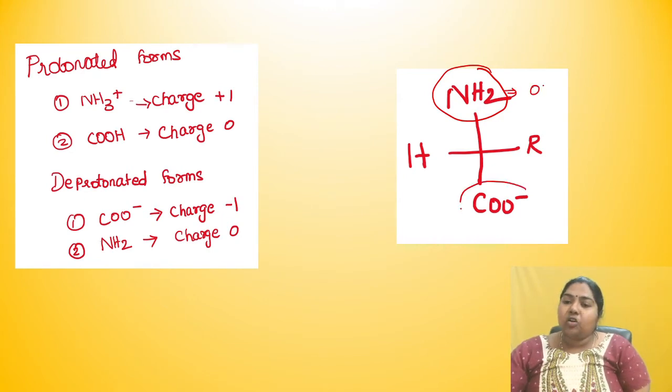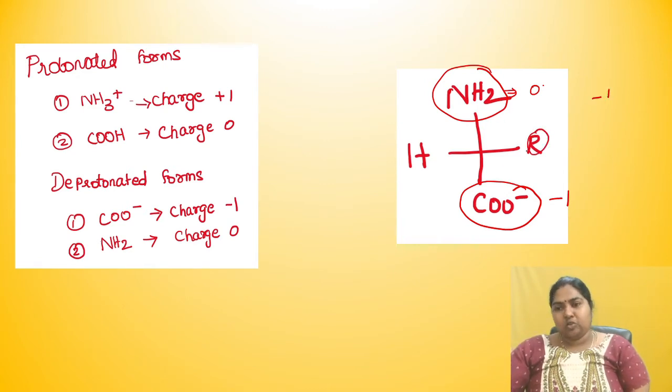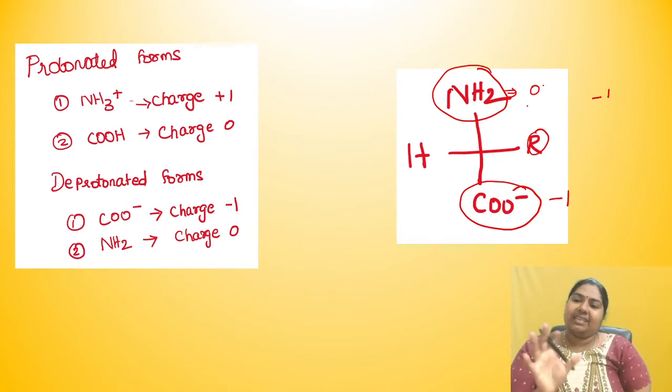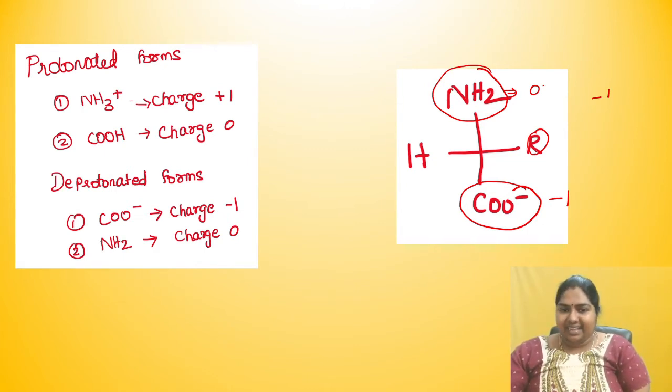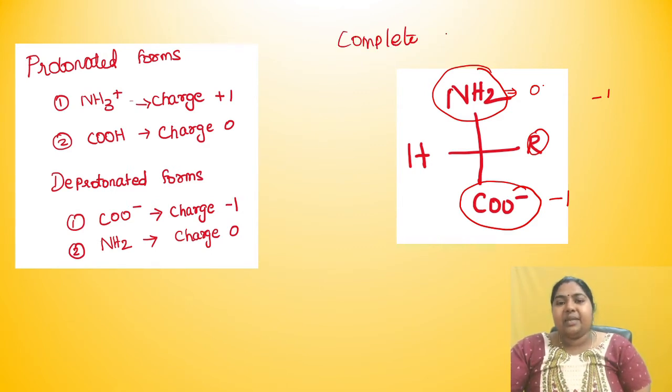But the COO minus will be minus 1. So the net charge becomes minus 1. I am not considering this R. I am speaking only about these basic groups, only this skeleton. I am not considering R still. So this is present in complete deprotonated form.